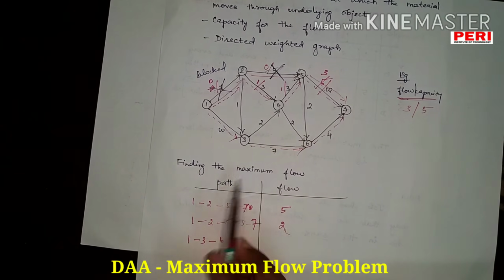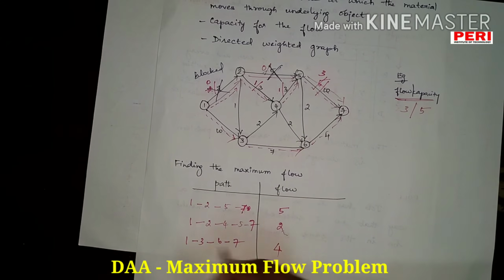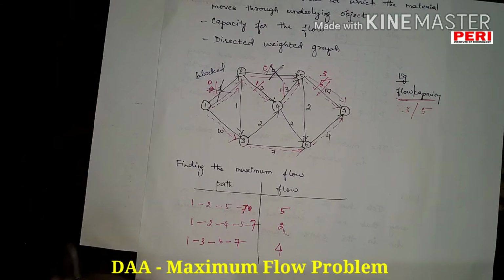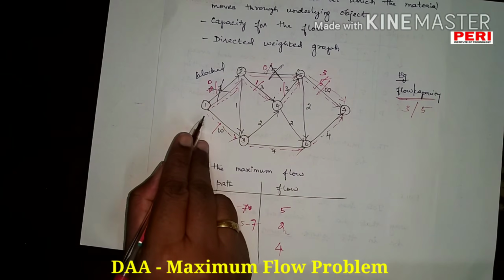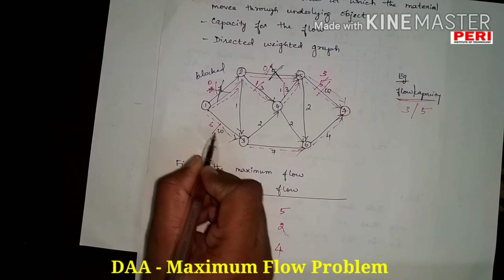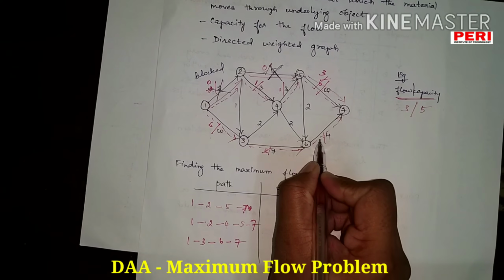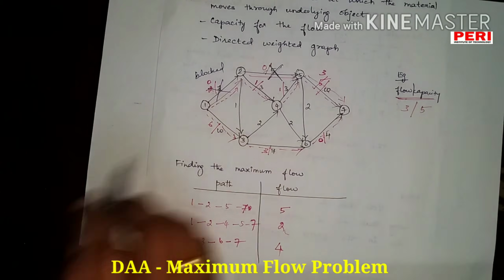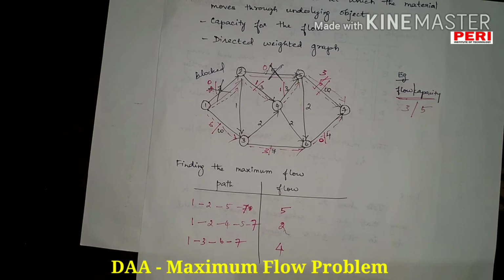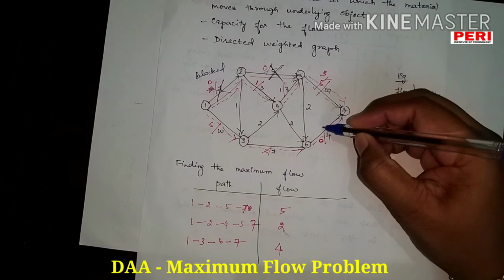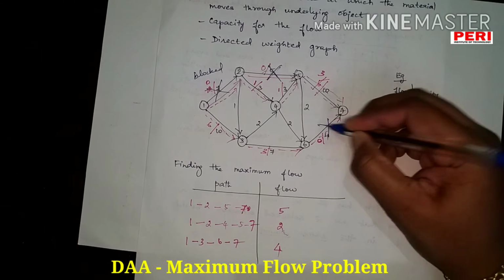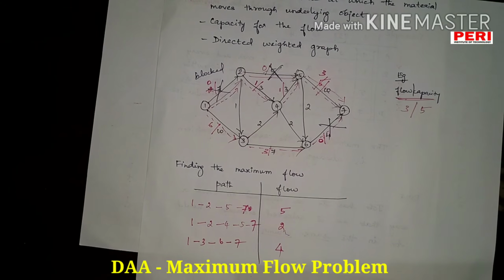The minimum is 4, therefore I am going to take 4 as my maximum flow. So 4 has been sent now. The remaining is 6, 4 has been sent so the remaining is 3, and 4 has been sent so the remaining is 0. As you know already, 0 by 4 means no more transmission is applicable for this path, therefore this path becomes blocked.